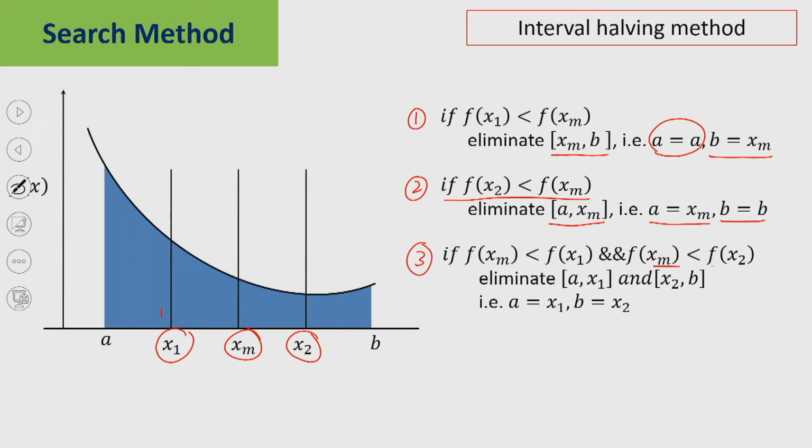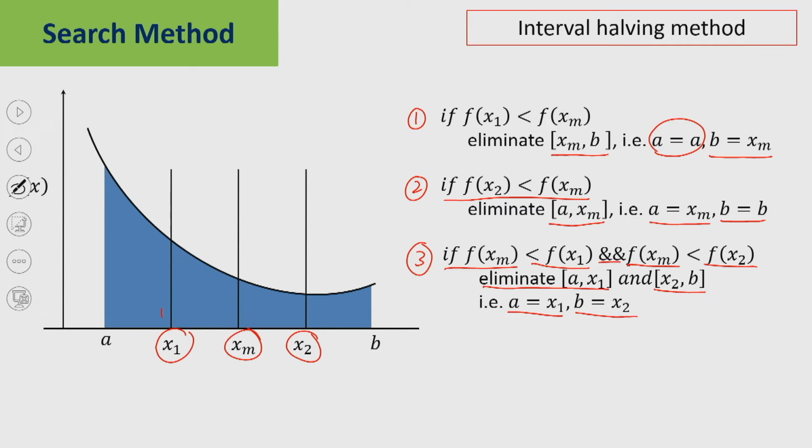Now, if the third condition is true, that means f of x m is less than f of x 1 as well as f of x m is also less than f of x 2, then you eliminate the regions a to x 1 and x 2 to b. So, a will be equal to x 1 and b will be equal to x 2.